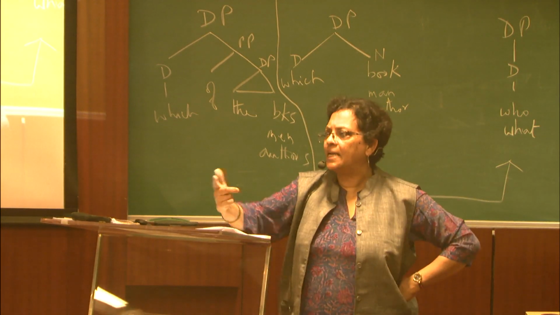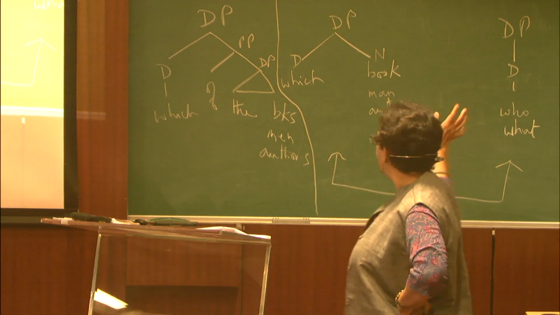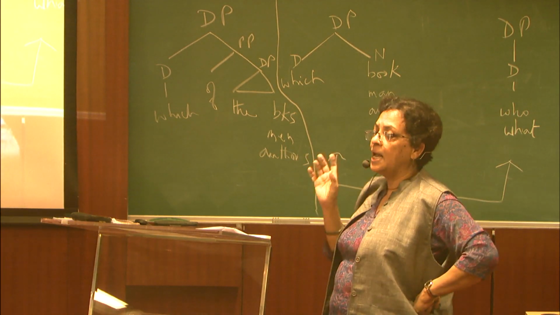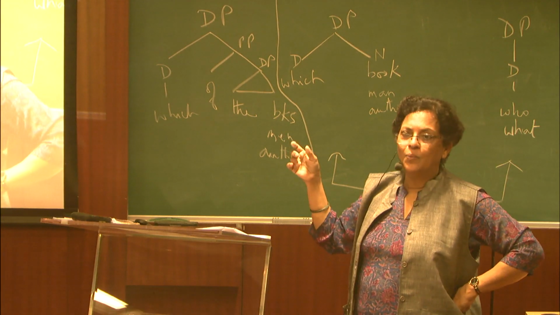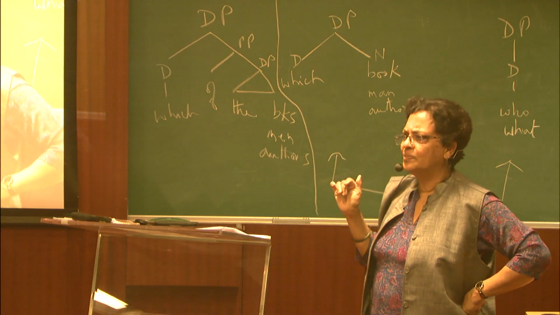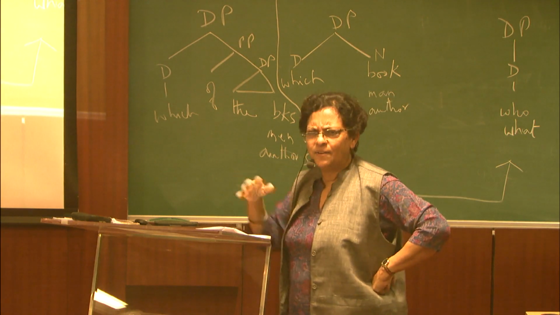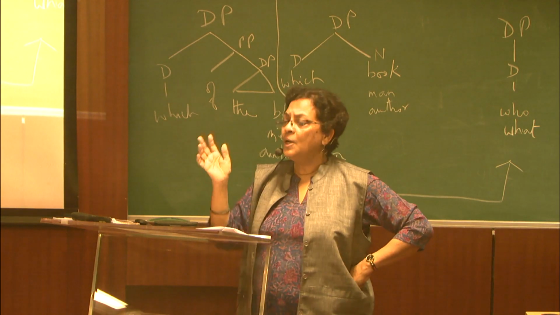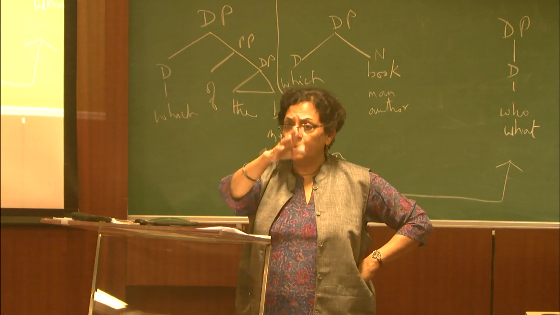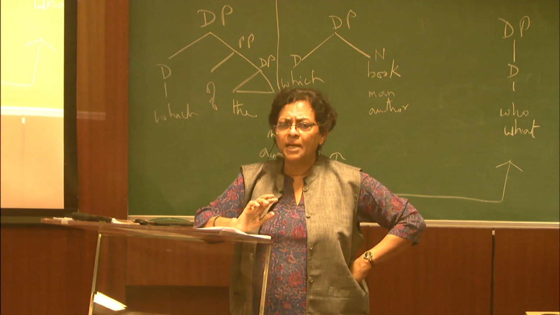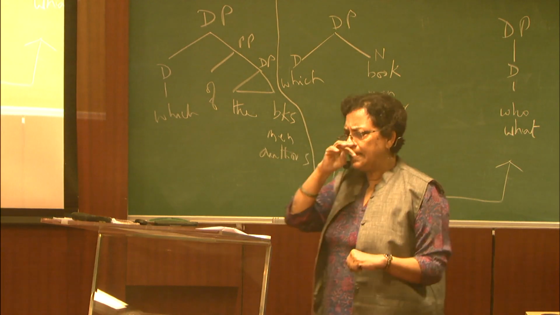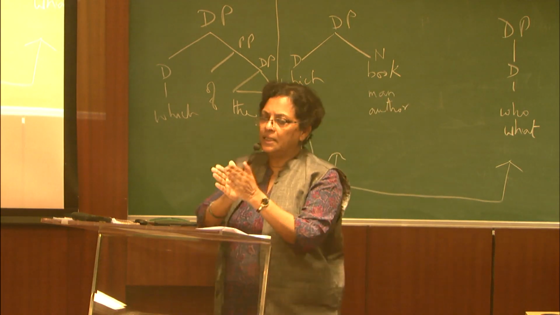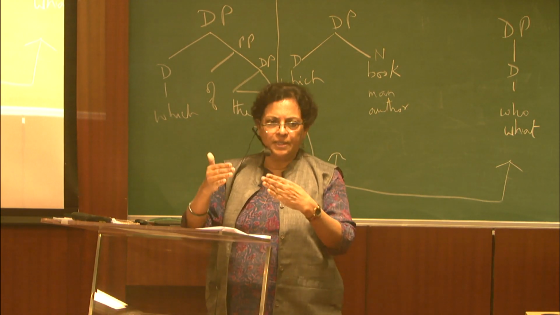But so that is based on this idea of delinking, knowing or not knowing the set. It doesn't explain why I can't say what man is she talking to. I think it sounds odd even if I don't know the set, or in a context where people were going into the building, what man went into the room sounds a bit odd. So what we are seeing is a more complex kind of divide.